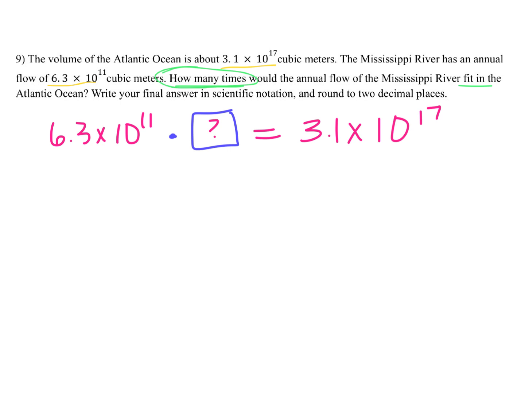So we can use that idea of inverse operations. The inverse of multiplication is division. So we can take the Atlantic Ocean, which is 3.1 times 10 to the 17th, and divide it by the Mississippi River flow.